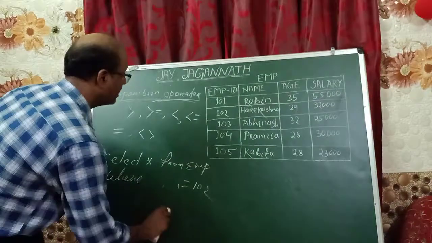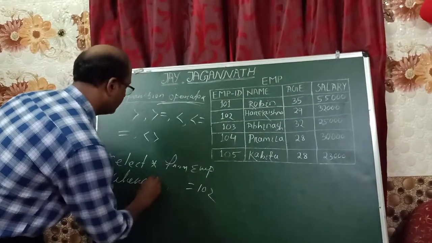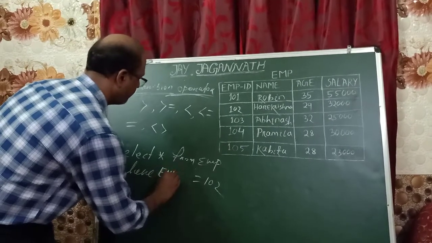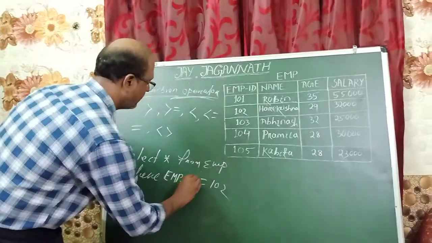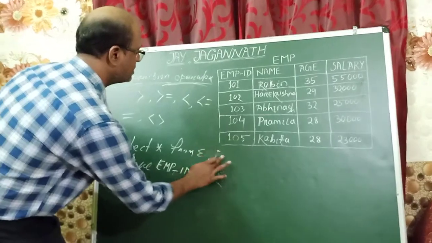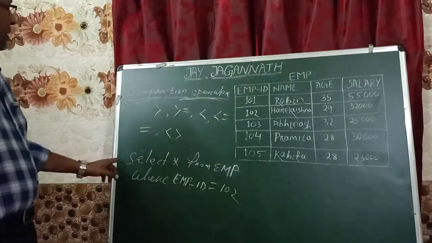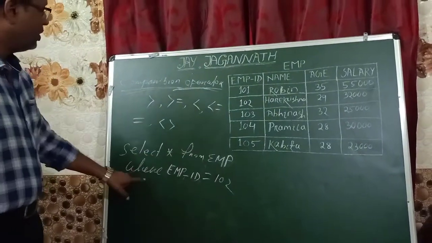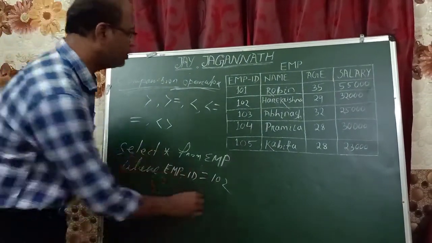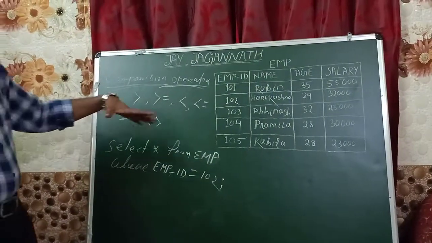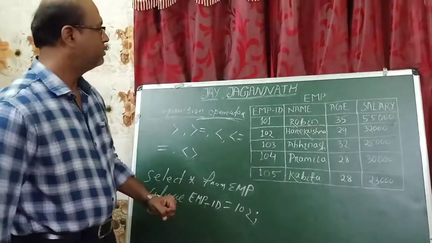You mention it like this: EMP ID. Select star from EMP where EMP ID equal to 102. So you can retrieve some data.